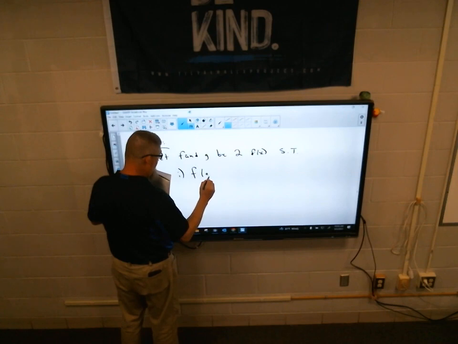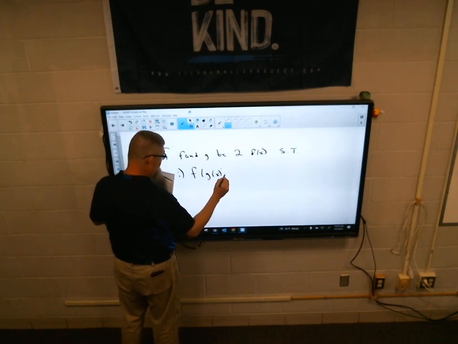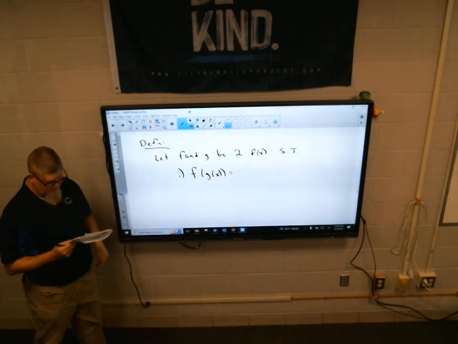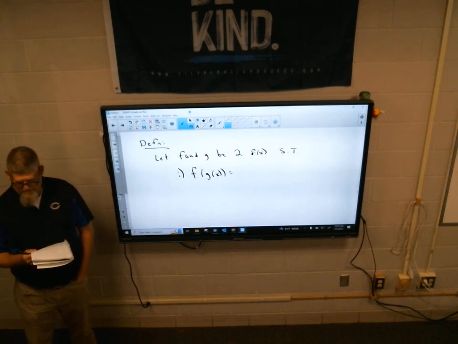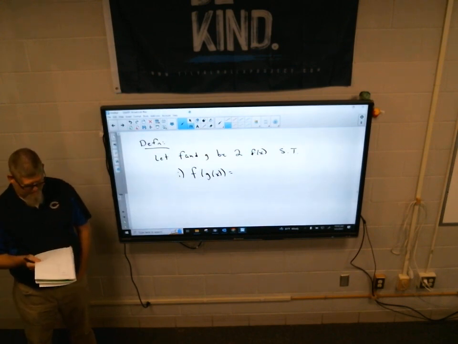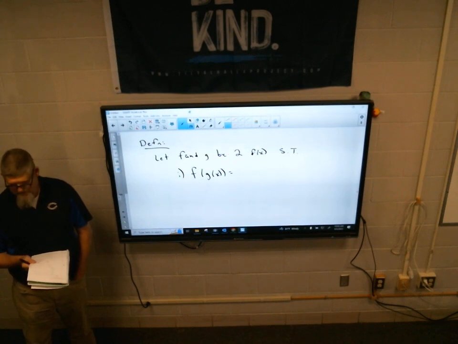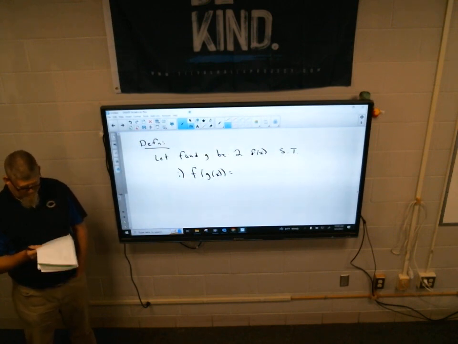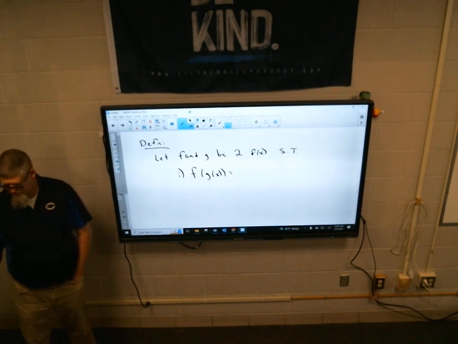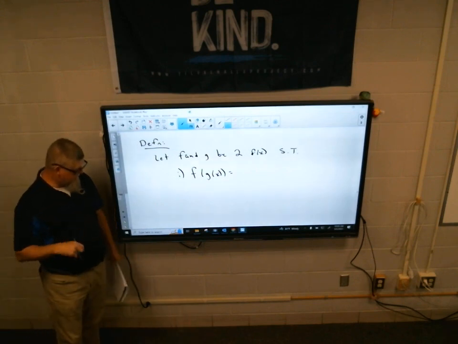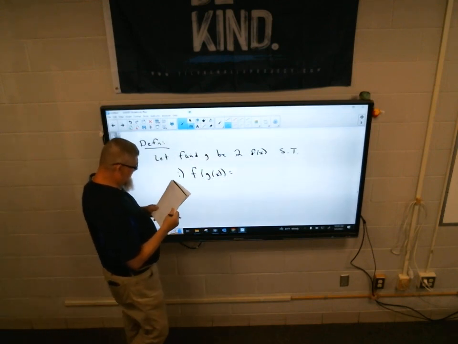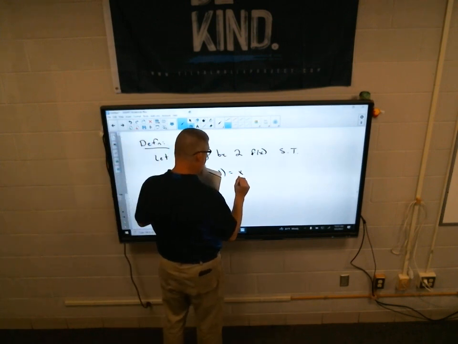f of g of x. All right, what's that notation? F of g of x, what's that? Starts with a C. Composite. Lecture 14, that's a composite function. So if I take g and put it into f, f of g of x is going to equal x.